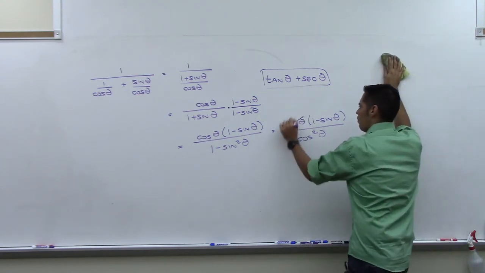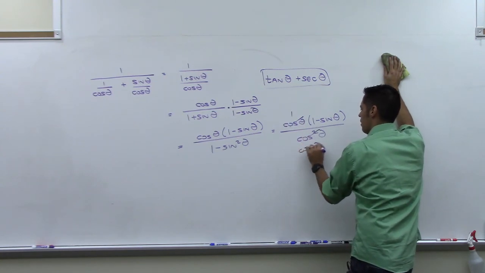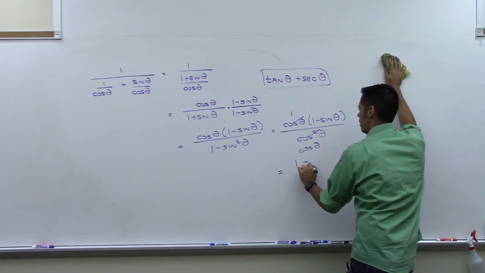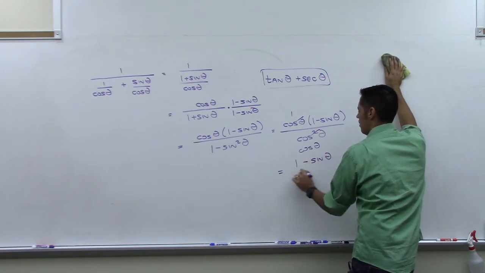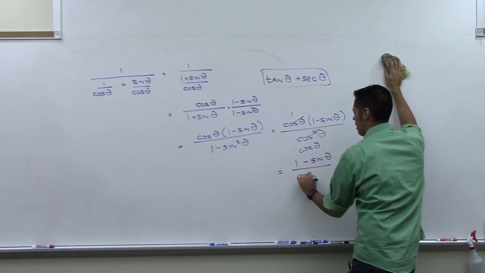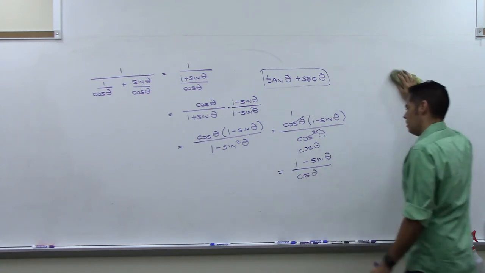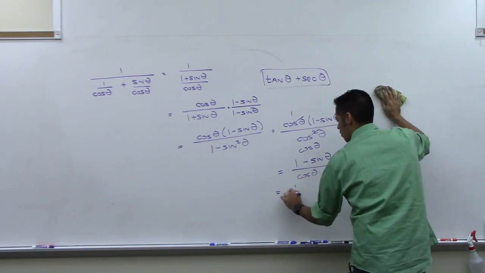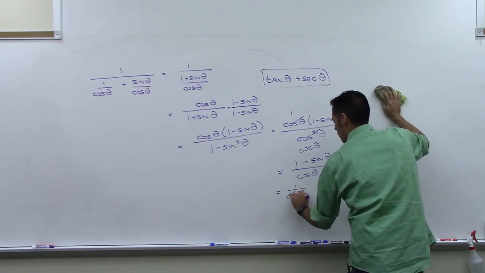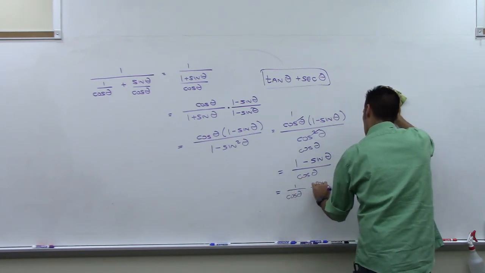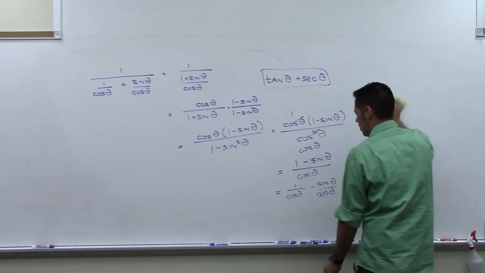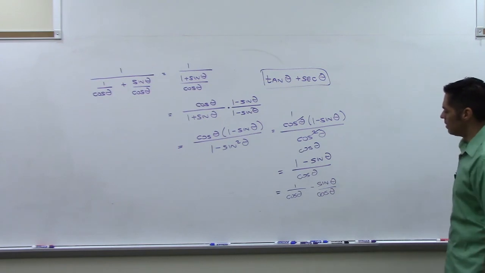I've messed up. This is cosine theta. So this becomes 1 minus sine theta left on top over cosine theta, which is split in 2 fractions, 1 over cosine theta minus sine theta over cosine theta, which is secant minus tangent.